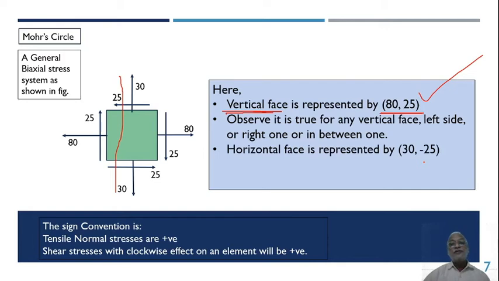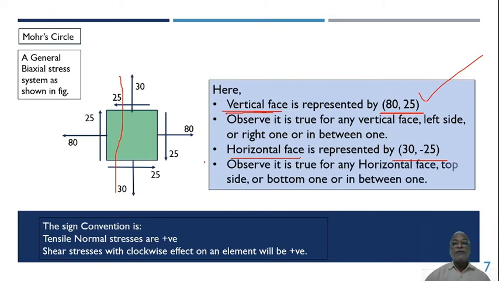Okay, horizontal face is represented by 30 minus 25. 30 is pulling out, because of that it is plus, it is tensile, and 25 is anti-clockwise, because of that it will be negative. So the point on the Mohr circle would be 30 minus 25, which will be representing any horizontal plane, maybe on the top, maybe on the bottom, maybe in between.